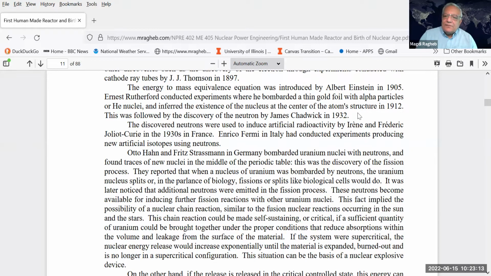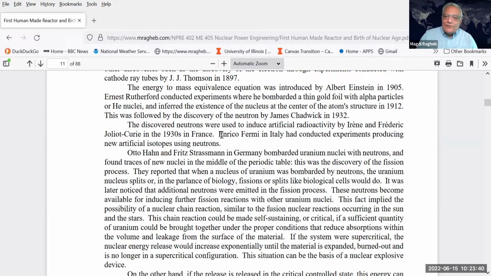And that came after James Chadwick in the UK again had discovered the neutron in 1932. And in that case, Enrico Fermi, Irène and Frédéric Joliot-Curie, these are the children of the Pierre and Marie Curie couple. They also got themselves into the field of nuclear science in the 1930s.